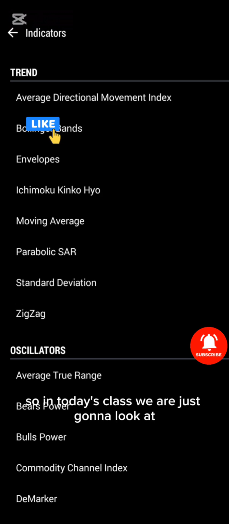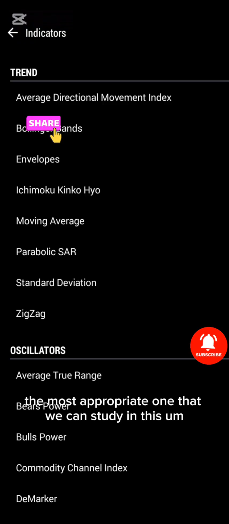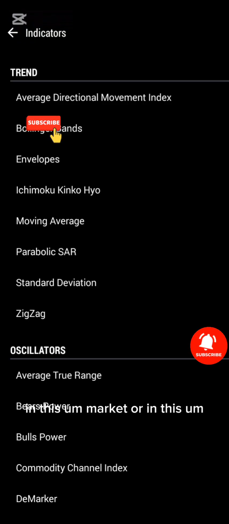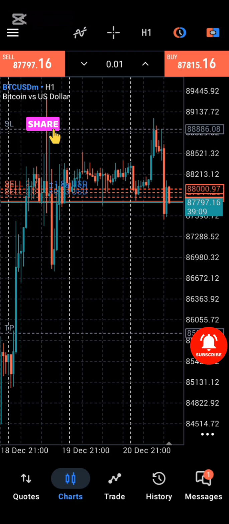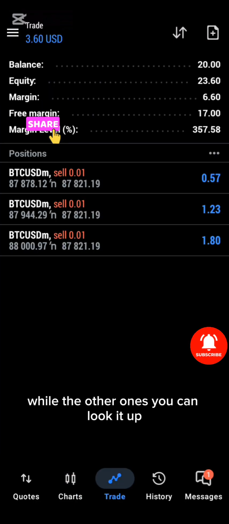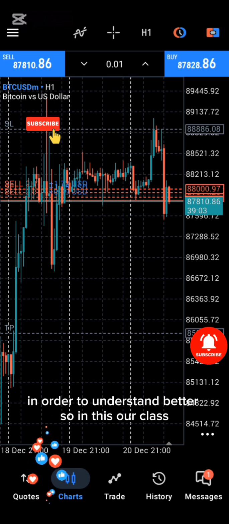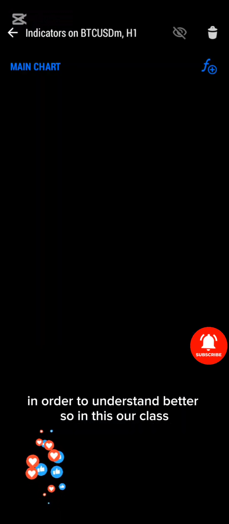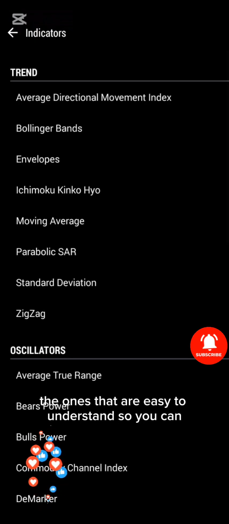So in today's class, we are just going to look at a few of them under this trend, so that we can choose the most appropriate ones to study in this class. The other ones you can look up, or do your own research in order to understand better. In this class, we are just going to choose the simple ones, the ones that are easy to understand.